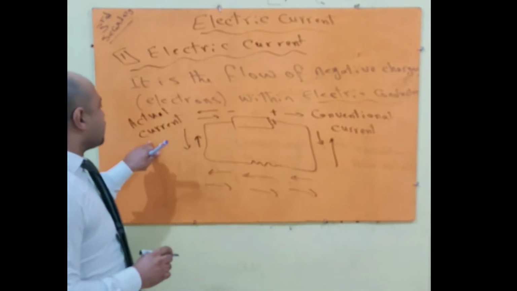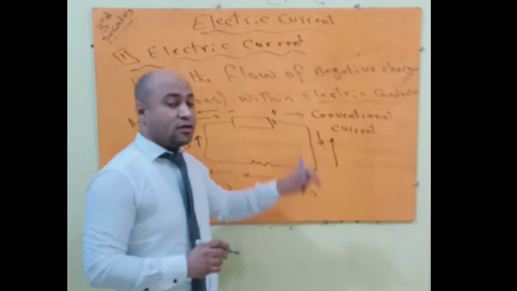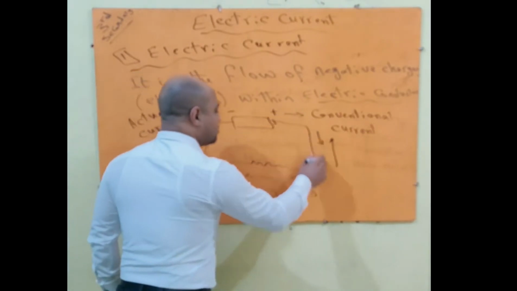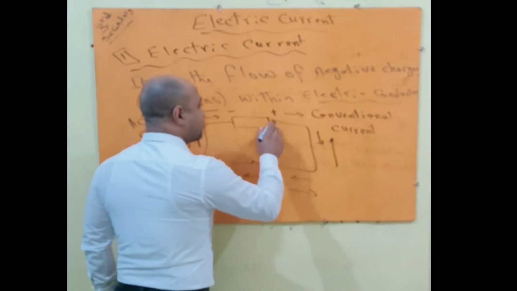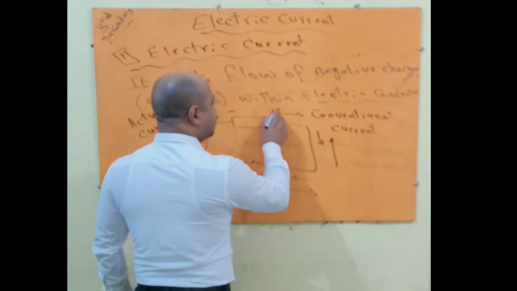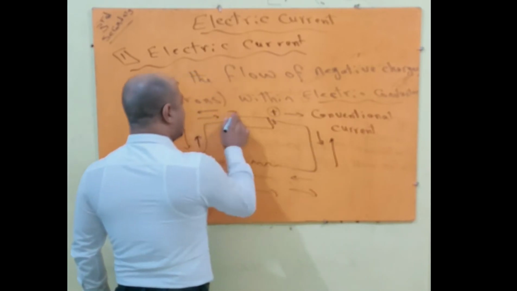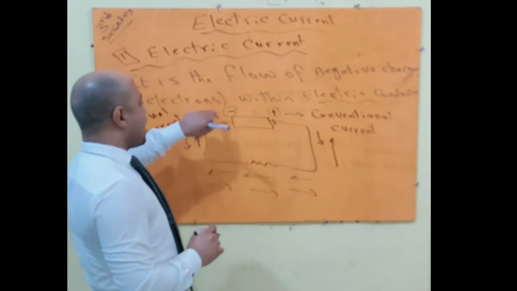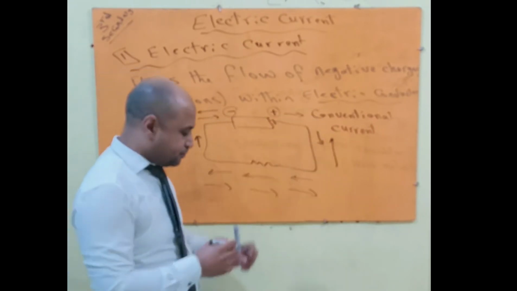It's called actual current or electron current because it is the flow of electrons. But the conventional current is the flow of electric current from the positive pole towards the negative pole outside the source. Conventional current, actual current. Okay?